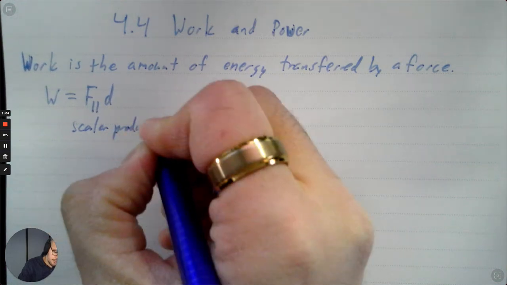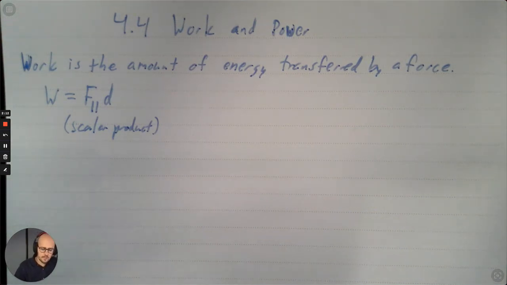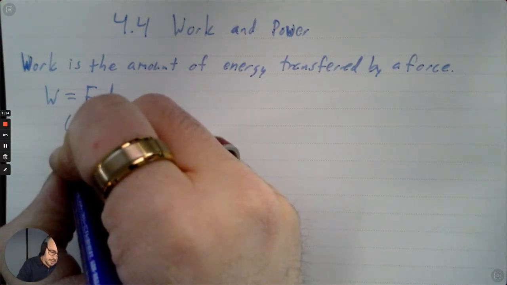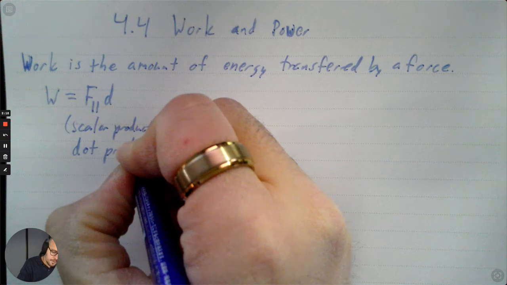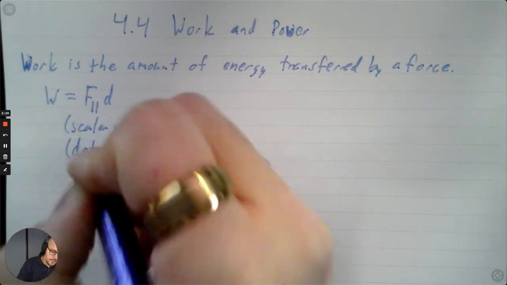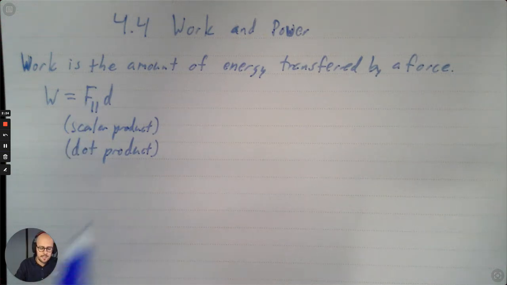If you take more math and more physics in college, you will learn more about this sort of multiplication of vectors. The scalar product is also referred to as the dot product. So, a physics student in college or a professor might say that work is F dot D.